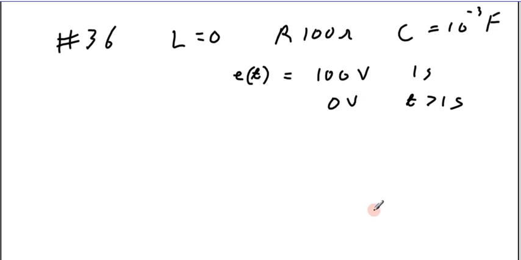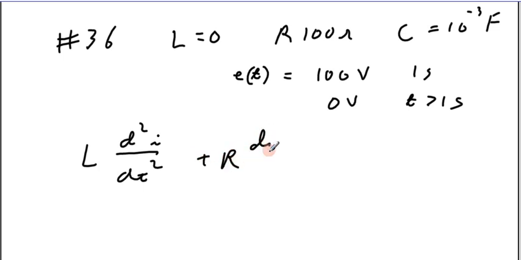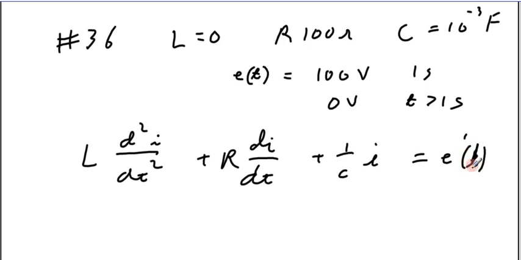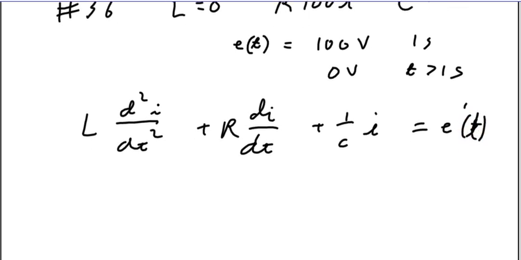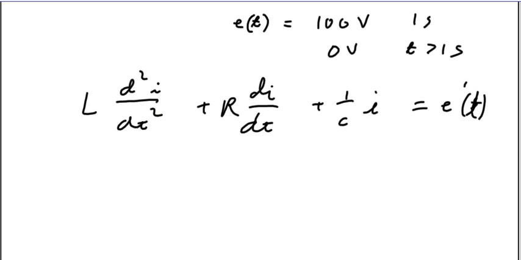So we get the equation out of the book: L d squared i dt squared plus R di dt plus 1 over C i is equal to the derivative of E. Okay, we find that L is 0, so this term is 0.